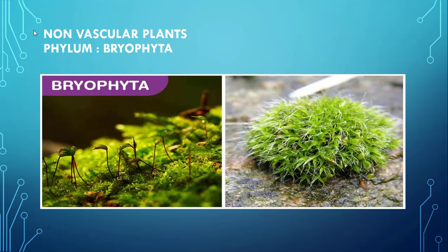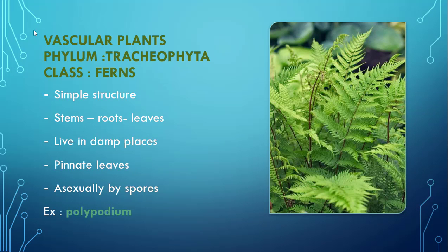Next, we will talk about vascular plants. They are plants that consist of specialized vascular tissues, which are xylem and phloem. First, we will talk about the first class, ferns.